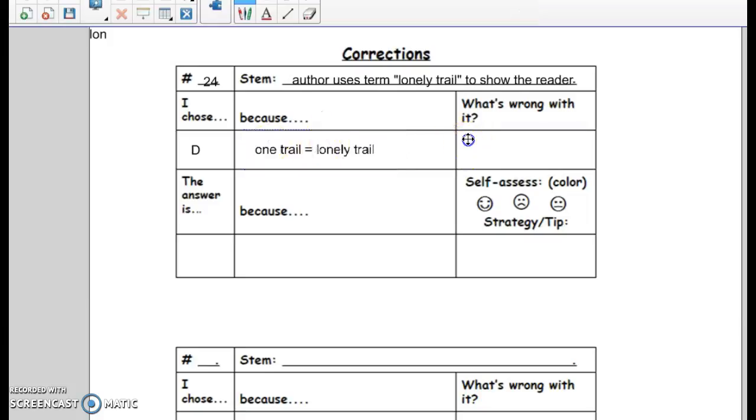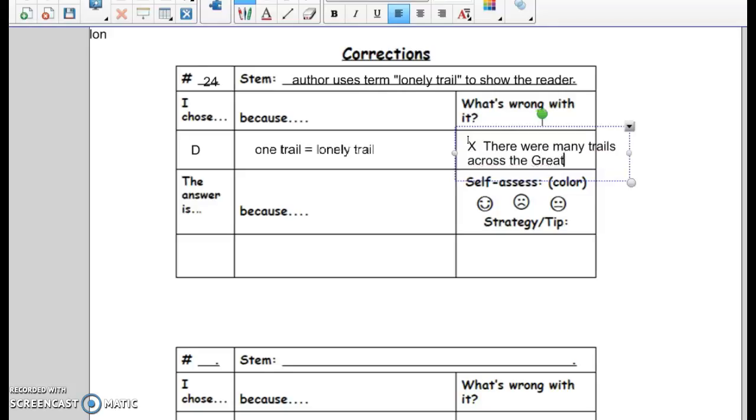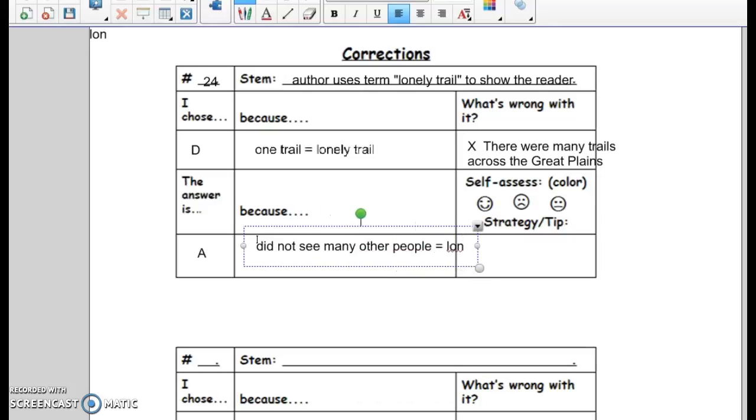What's wrong with it? There were many trails across the Great Plains. All right, the correct answer is A, because did not see many other people equals lonely, and journey equals trail.